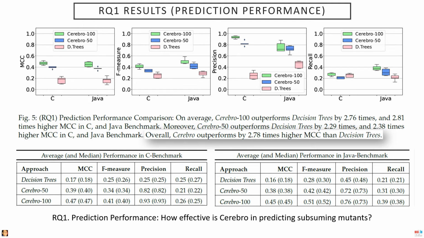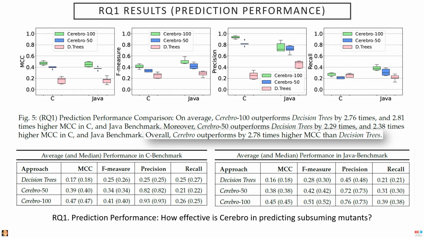We had Cerebro 50, where we considered sequences of 50 tokens, and Cerebro 100, where we had sequences of up to 100 tokens. Both outperformed the existing machine learning approach, but Cerebro 100 even outperformed Cerebro 50.